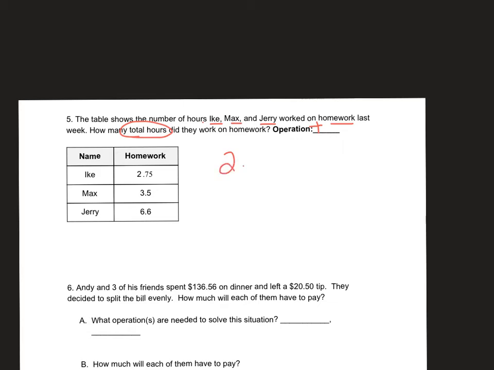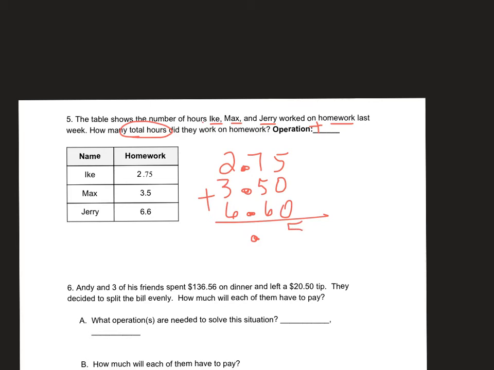So Ike worked 2.75. Remember, when we're adding decimals, you need to line up and bring down. Max worked 3.5 and Jerry worked 6.6. So since I'm adding these, bring your decimal values straight down. You can fill your place value with zeros as your placeholder.